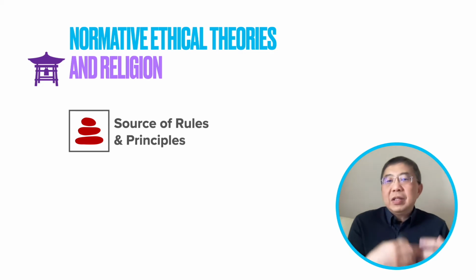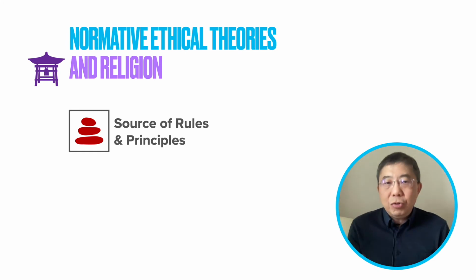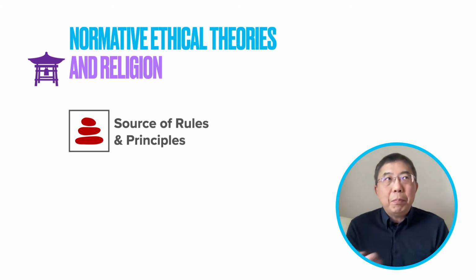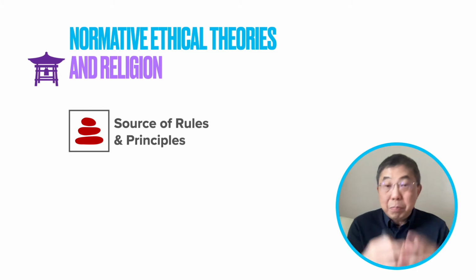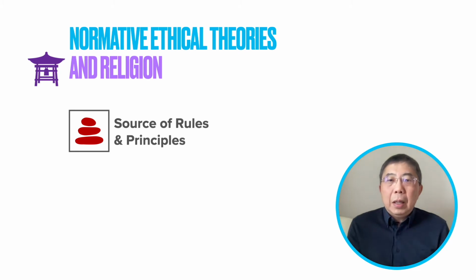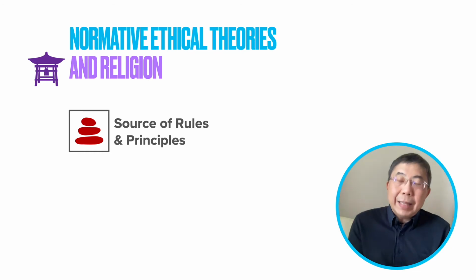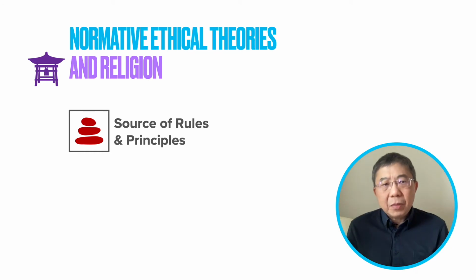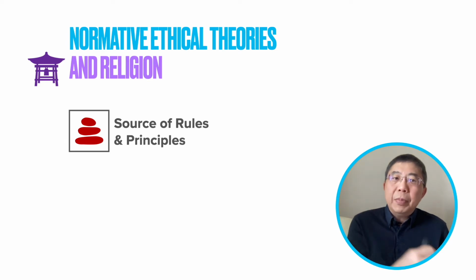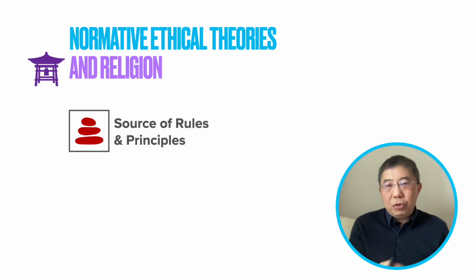Whereas in many religions, what is right or wrong is prescribed by a divine being, either a god or an enlightened person. Okay, so that's the key difference between normative ethical theories and religion.